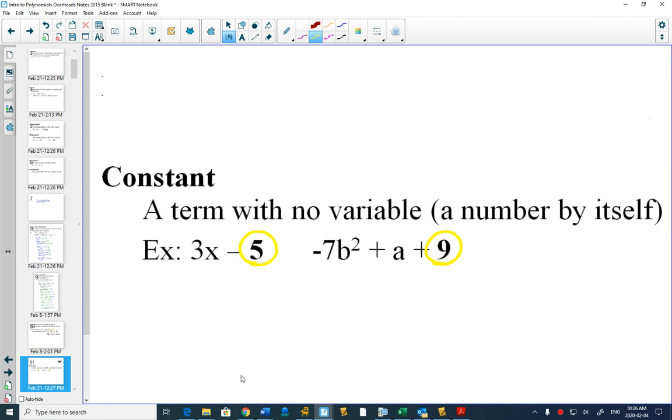Okay, again, in this first example, 3x minus 5. Ask yourself, could you say what kind of polynomial that is? What I'm trying to do is strengthen those definitions for you so that when you get to your test, you know them. What kind of polynomial is 3x minus 5?